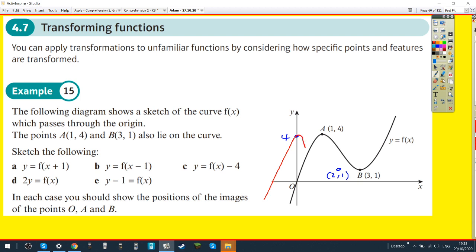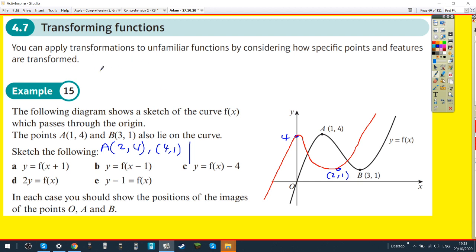So it's going to be like that. For B, A is 2, 4. B is 4, 1. C. So when it's on the right of the y equals, is that the opposite?